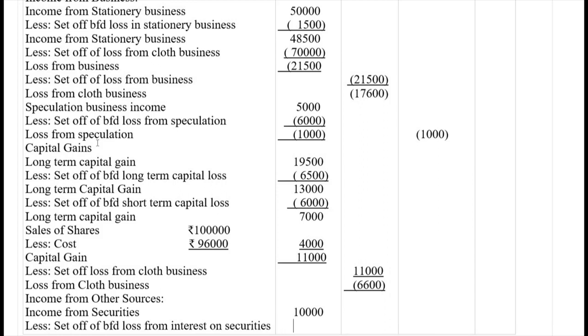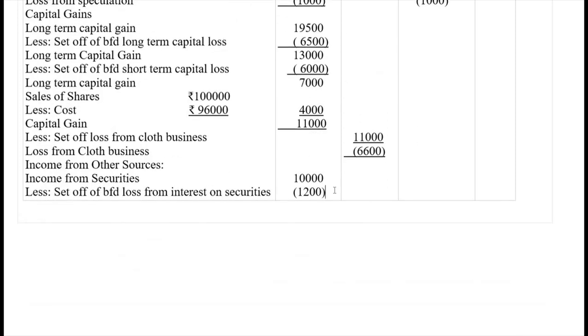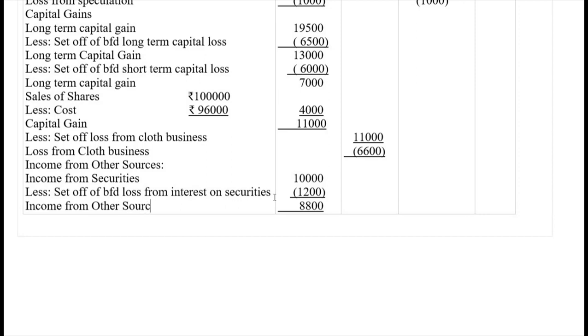From that there's a brought forward loss of 1,200. So when we subtract here, we'll get the difference as rupees 8,800. This is income from other sources.